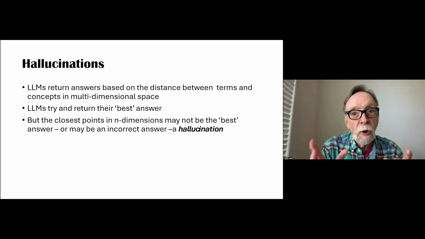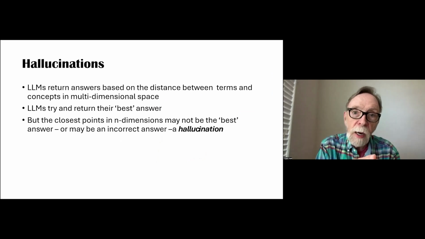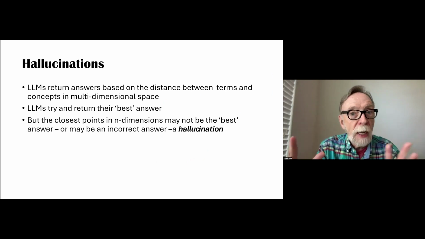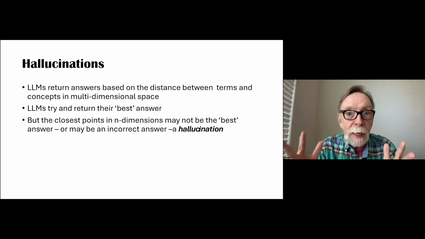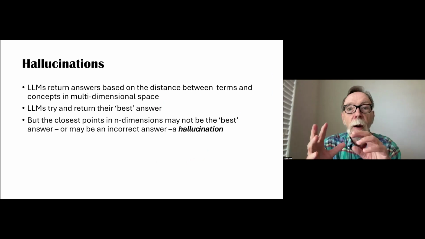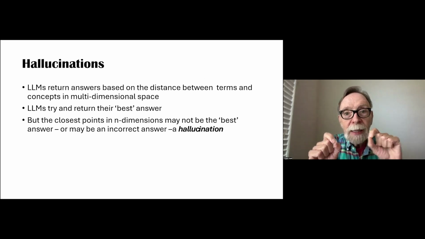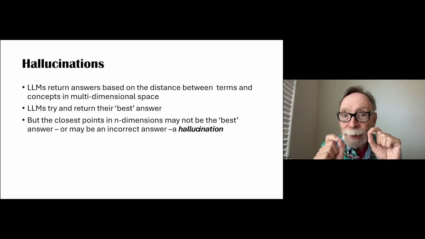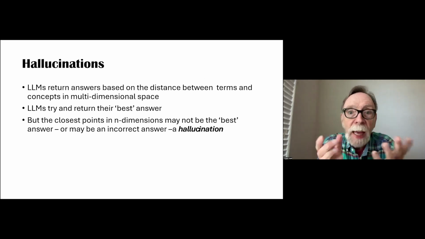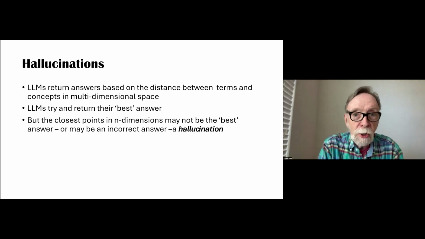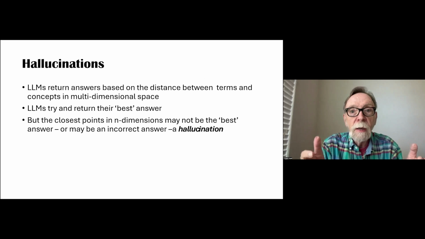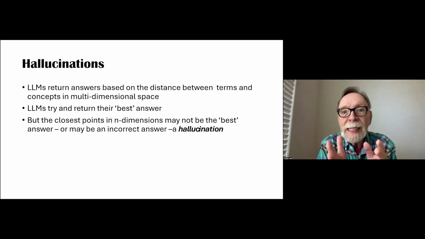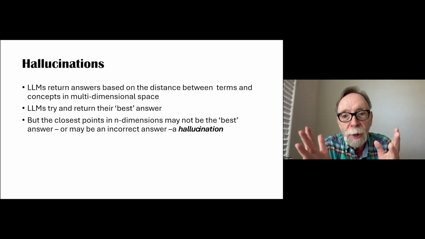Sometimes the answers are close to what we want, and sometimes they're farther away based on the data that they have. So an incorrect answer is simply two points in space that are the closest, but not really on the mark. That essentially is what a hallucination is. It's a measure of closeness, but it's like no cigar, okay?